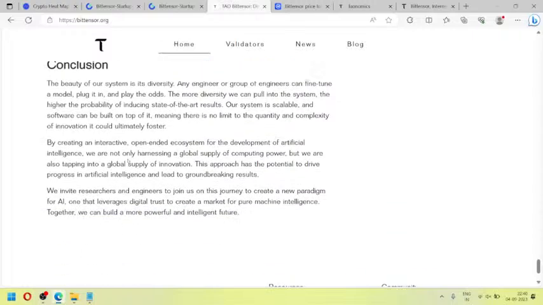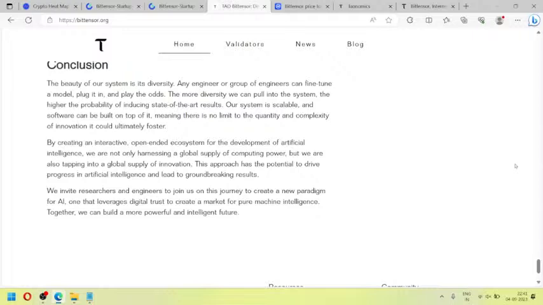By creating an interactive open-ended ecosystem for the development of artificial intelligence, we are not only harnessing a global supply of computing power, but we are also tapping into the global supply of innovation.